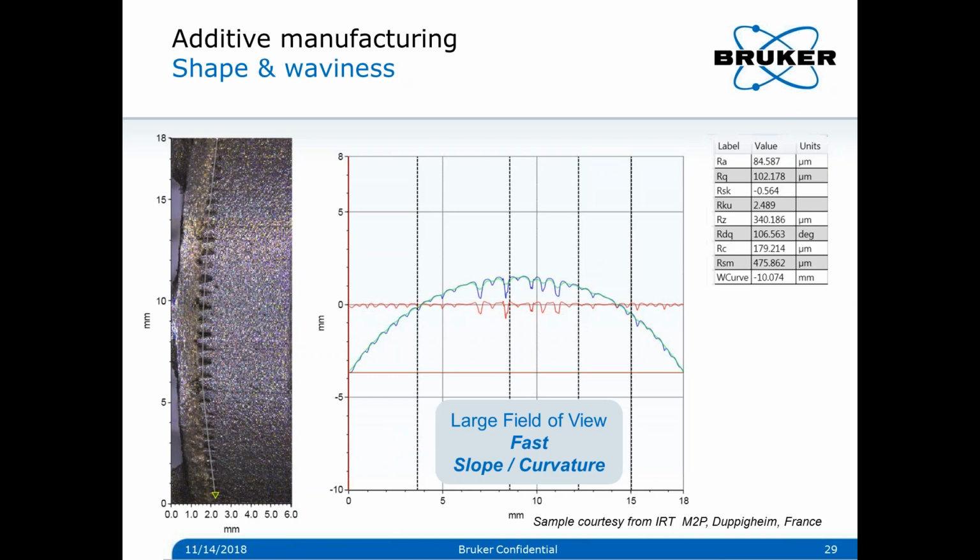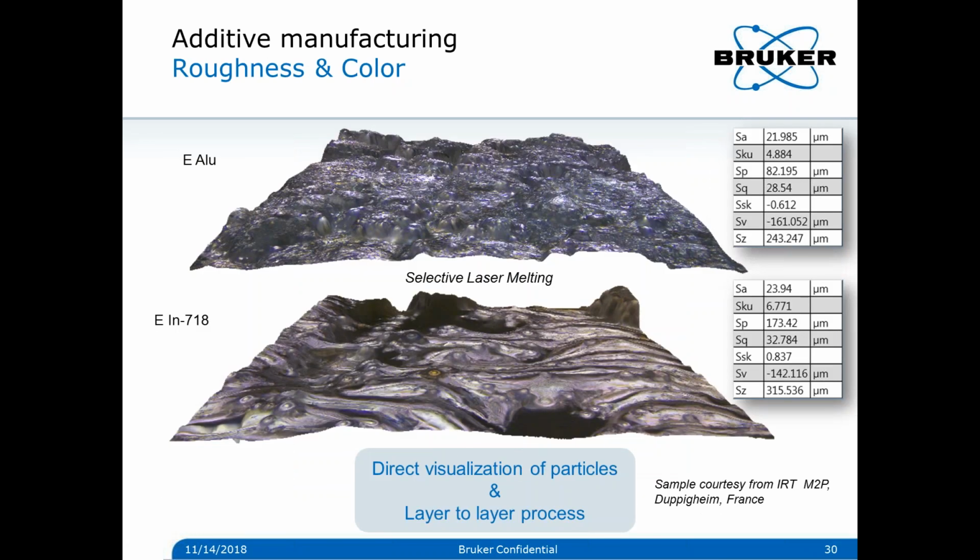So it's more quality control here. But in terms of fine-tuning the process, by using a 20x objective, we can nicely see the microstructure, and see, for instance, two different powders like Inconel and aluminum being used with the same laser parameters and scan speed.